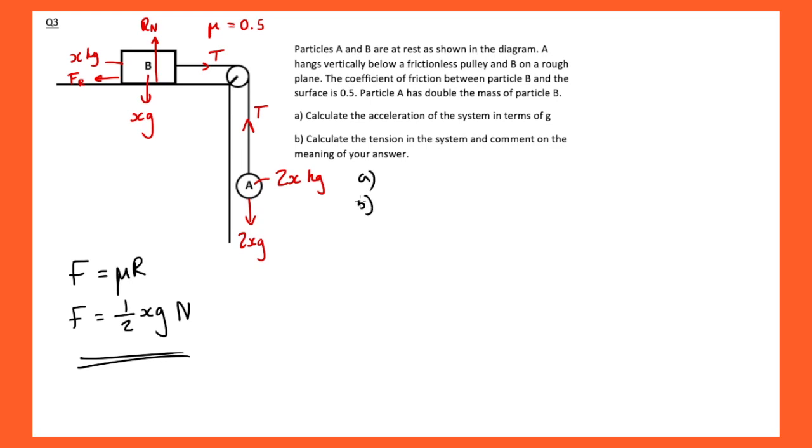So I'll do A and B together again. We have 2xg minus T equals 2xa, and for particle B I have T minus a half xg equals xa.